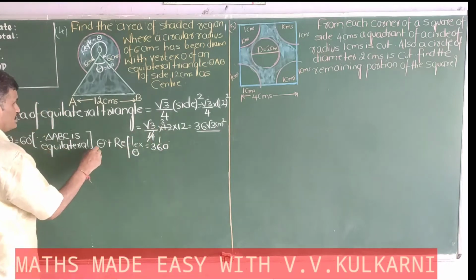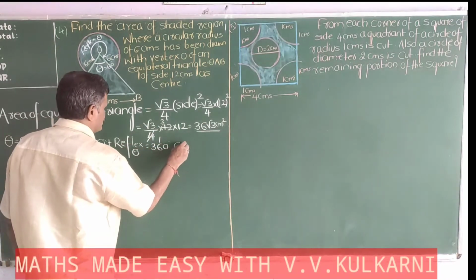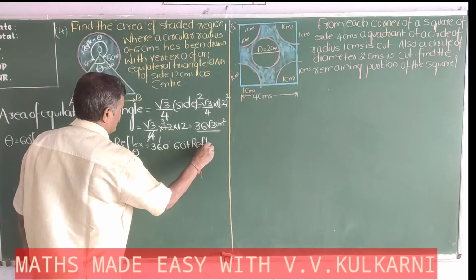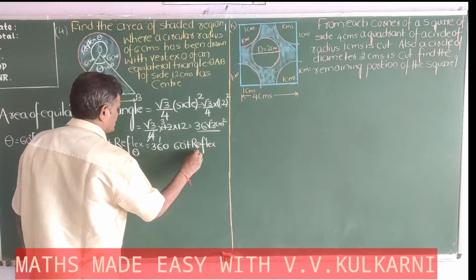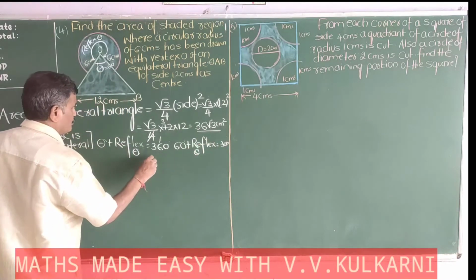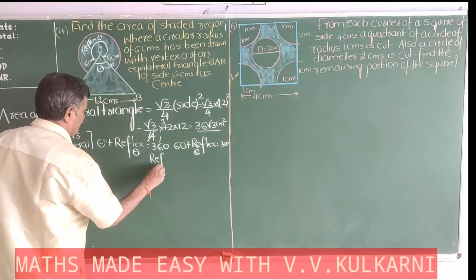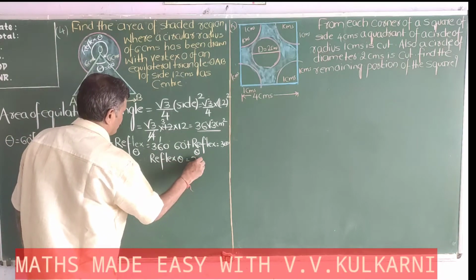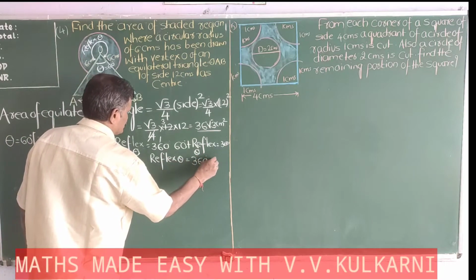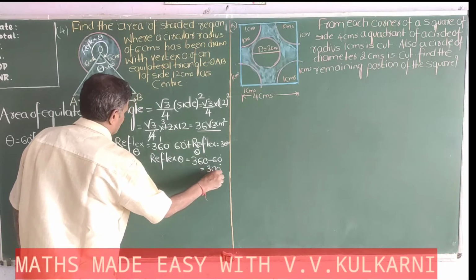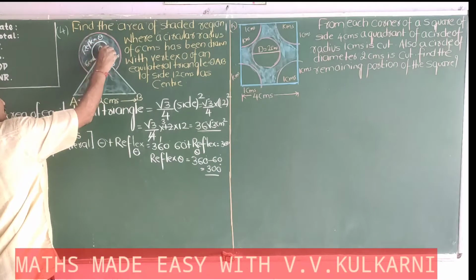Children, theta is how much? 60. So reflex theta will be equal to 300. If you want reflex theta, then reflex theta will be equal to 360 minus 60, and that's equal to 300 degree. So I will take this 300 degree.